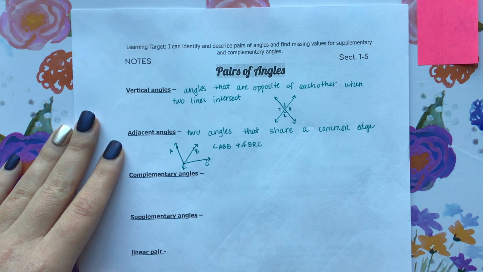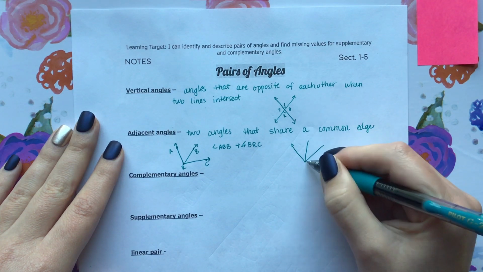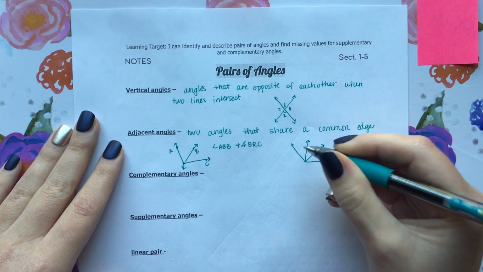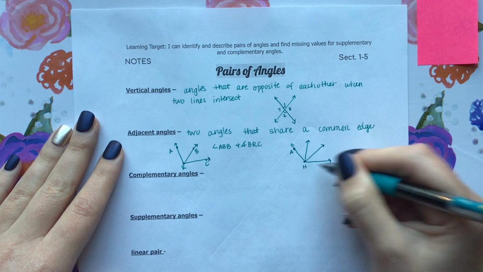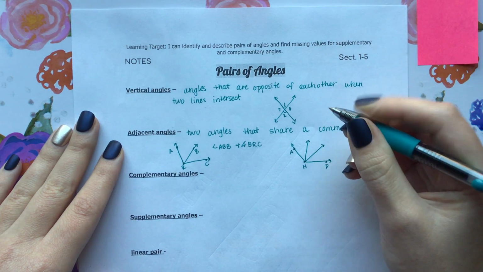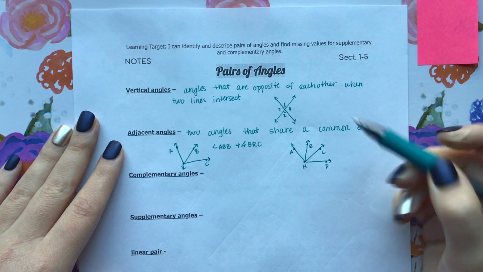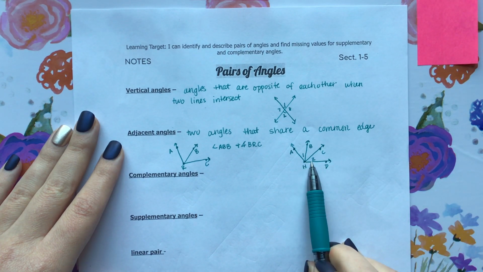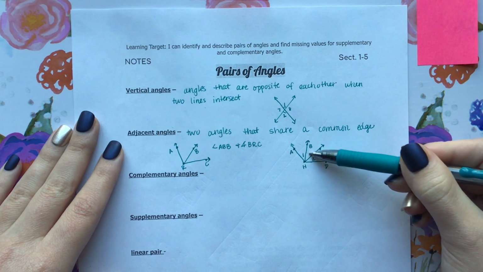Now, if you had something else in there, separating the angles out, say like this, let's say we have A, H, and D. If we said angle 1 and angle 2, here and here, 1 and 2 are not adjacent angles because we have this space right here.